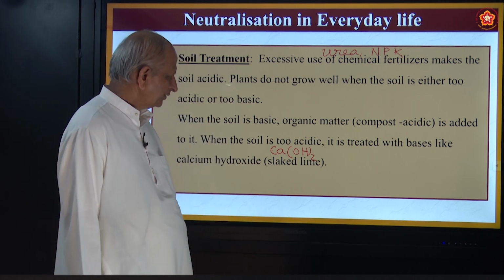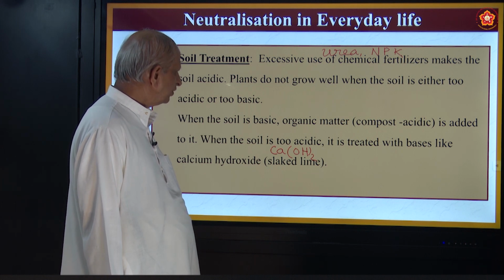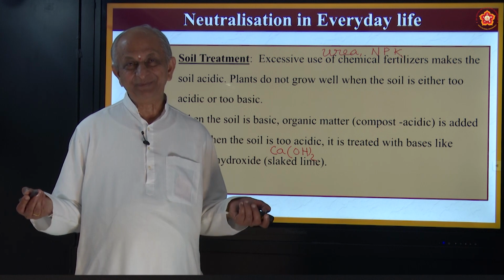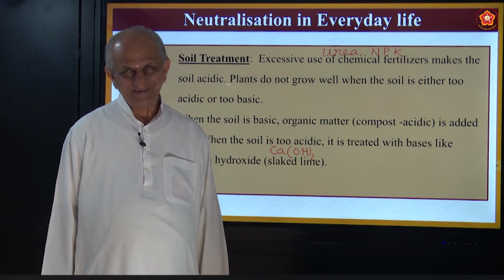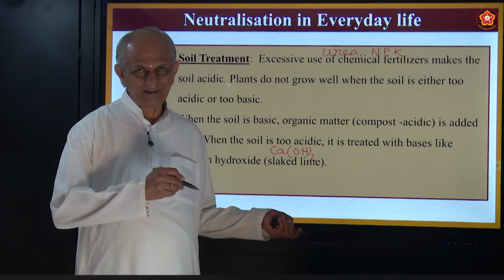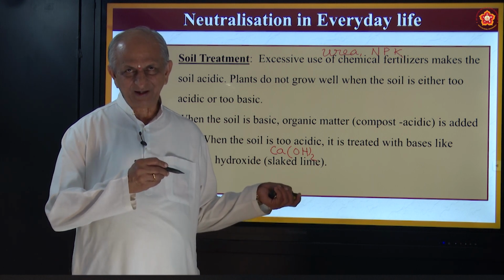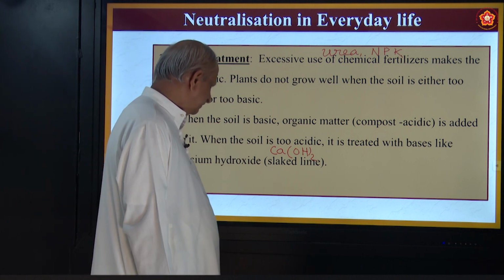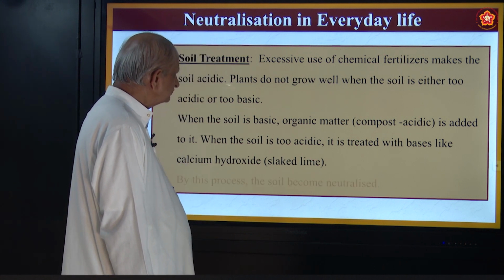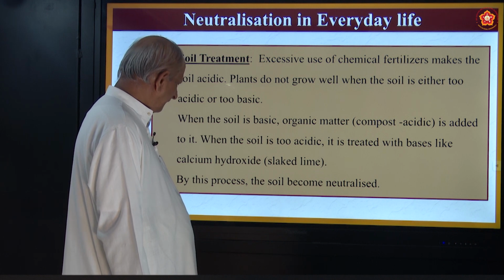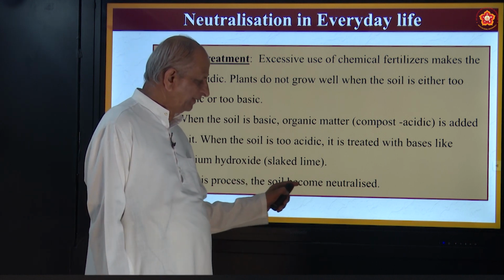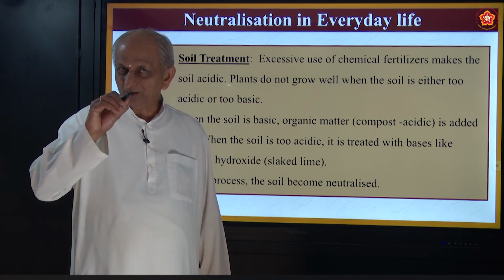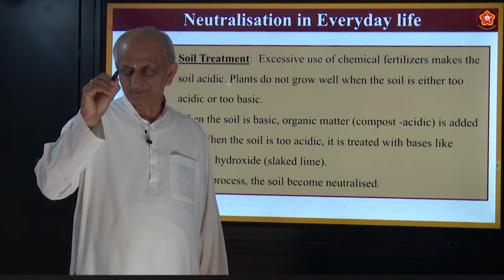Correct. So this is about soil treatment, because the plants will suffer either due to the addition of acids or the addition of bases. So you have to add the reverse. By this process, the soil becomes neutralized. When acid is more, add bases.